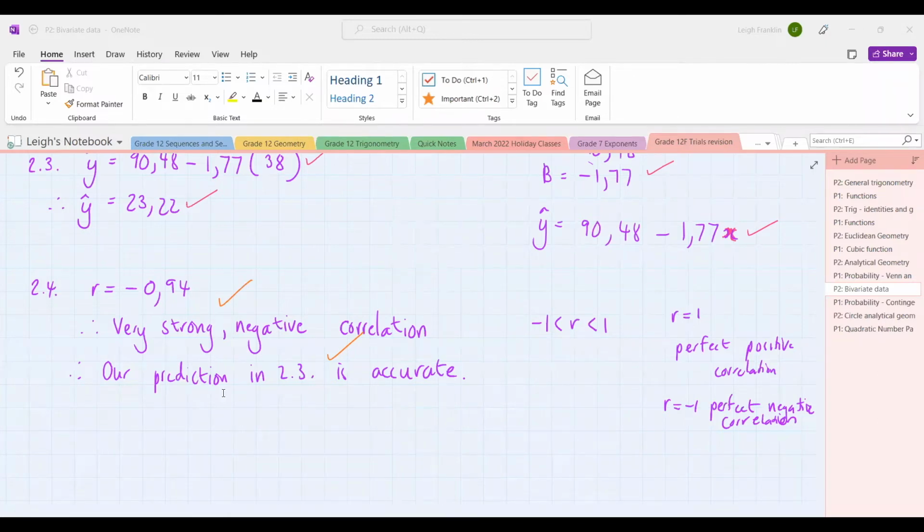So it's on a scale between -1 and 1, where 0 means that there is no correlation, in other words, no relationship between X and Y. Here there is a very strong relationship between X and Y. It's almost perfectly negative, negative 0.94. So based on our correlation coefficient, we can say that the answer we've predicted in 2.3 is going to be accurate.